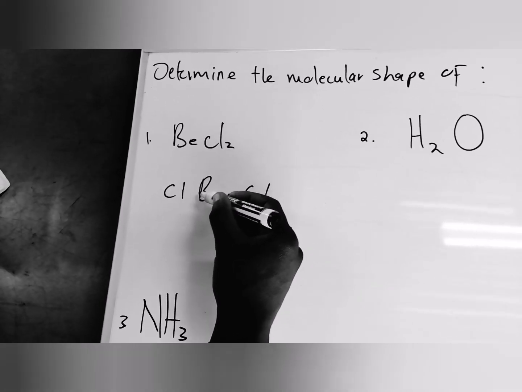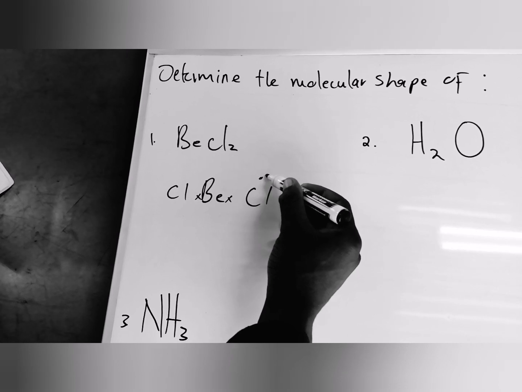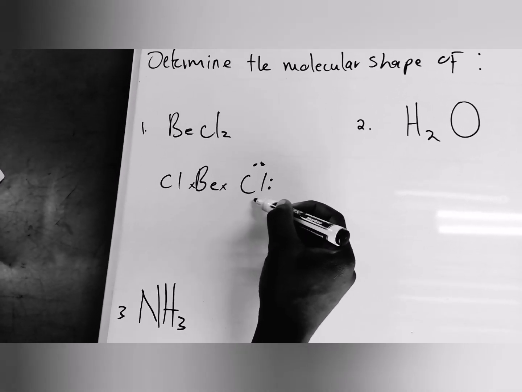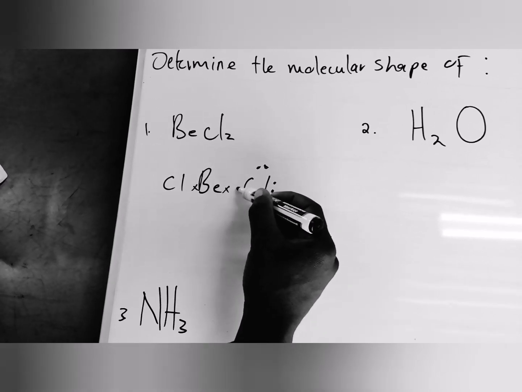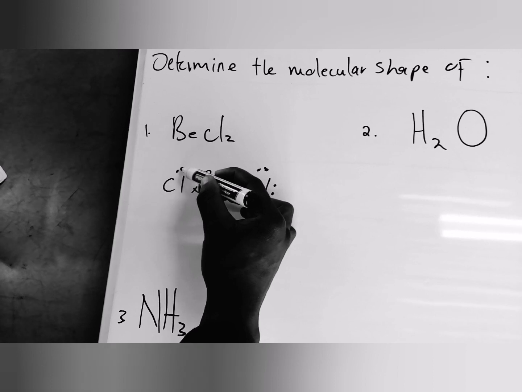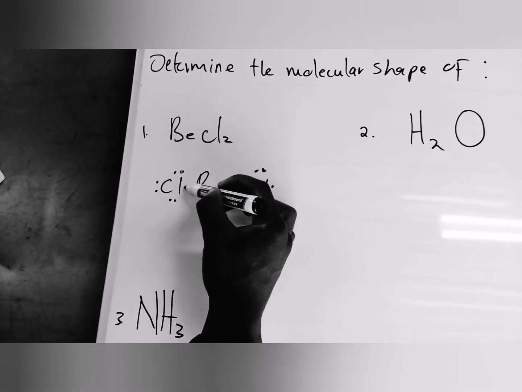You know that Be has 2 valence electrons, then Cl has 7 valence electrons. The first thing that you do, you draw the Lewis structure. Then we also have 7 valence electrons on Cl.